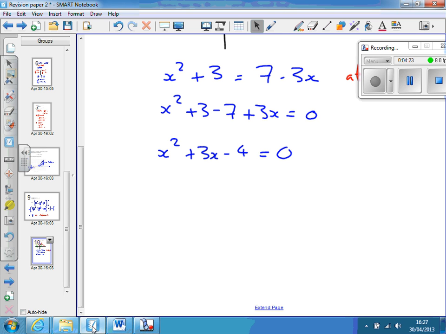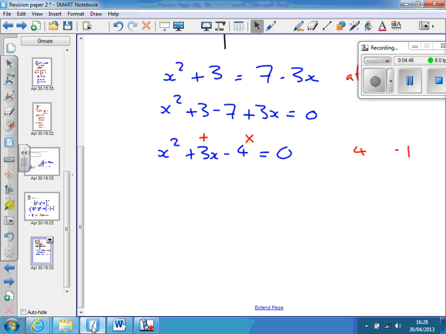If we look at this, we're looking for 2 numbers that multiply together to give minus 4 and add together to give 3, which are 4 and minus 1, because 4 times minus 1 gives minus 4, and 4 minus 1 gives 3.